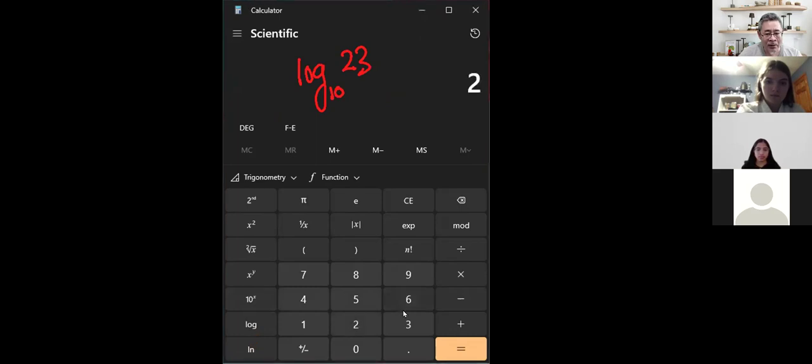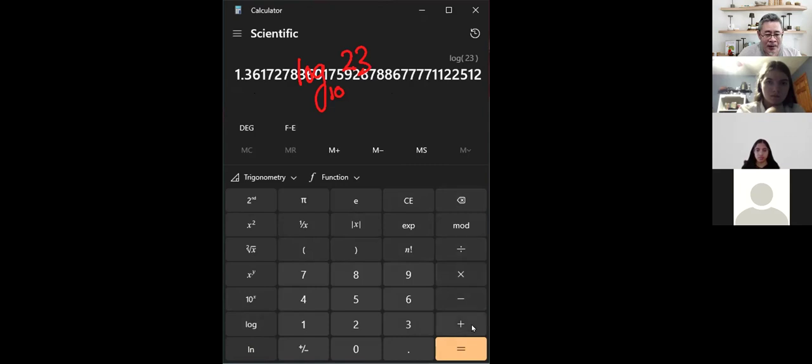Some computers, some calculators have a different order. So you can see that log 23 gets 1.3617, just keep going. So that's how you can find a log if we run into a situation like this.